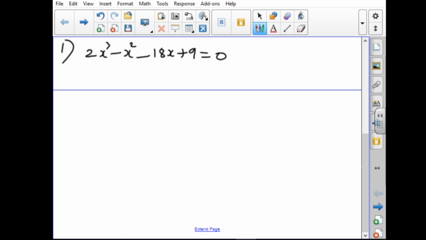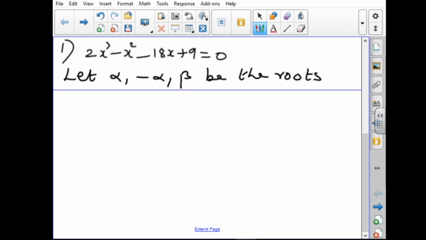Given that the sum of two roots vanishes, let alpha, minus alpha and beta be the roots. Because when you add alpha and minus alpha, it becomes 0, that is, it vanishes. So alpha, minus alpha and beta are the roots of this equation.